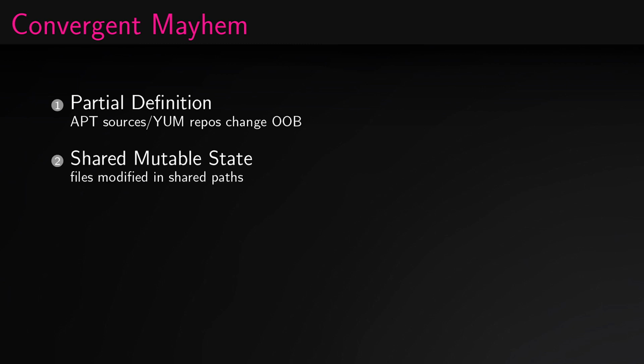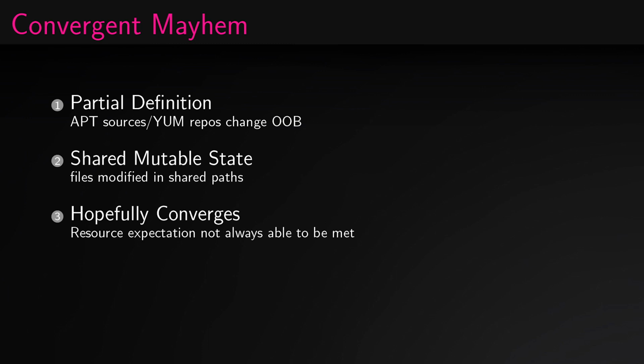And also, most package management systems are predicated on shared mutable state in shared file system directories. And that leads to a number of problems. And then hopefully it converges, but it doesn't guarantee that, right? So you define all of your assertions about your system and your resources that you want to achieve, but they're not always met.